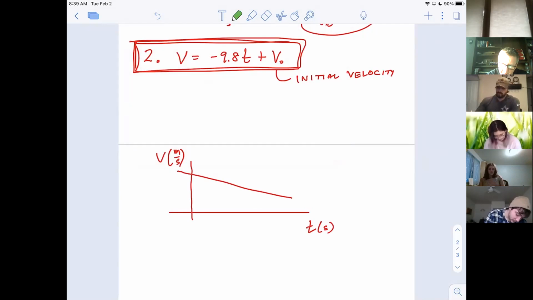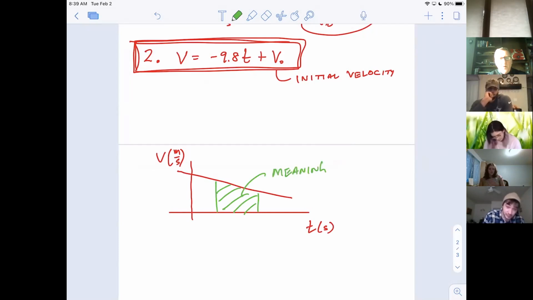Just as we did a second ago, why would you want to take the integral of this statement? What is the meaning of that? Why would I want to take the integral of velocity? Wouldn't you get distance from that? Exactly right. Notice you don't have to know that. You don't have to look it up in a book.